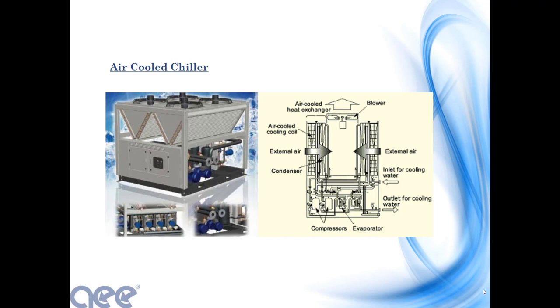So you have an expansion valve down here, you have your evaporator, you have your compressors, and then you have your condenser section up here. The water comes back from the building here at 55, 60 degrees, whatever it comes back at based on the load, and is shot back out to the building at 44, 45 degrees. So everything in that vapor compression cycle is inside here in the air-cooled chiller.